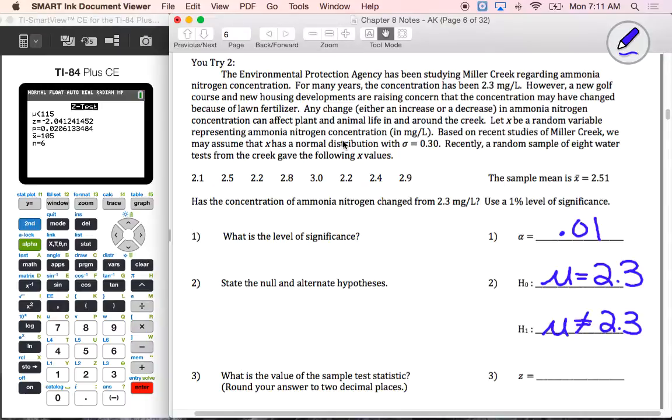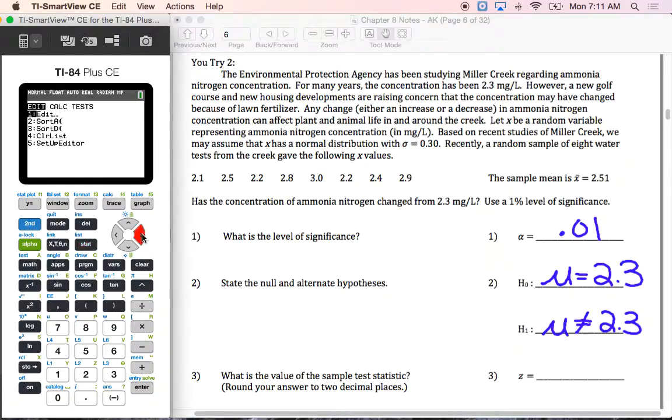Now that we have our information, we want to go and do our test. So we're going to hit the stat button, go over to test, and we want z-test. Okay, still keep it on stats. We're going to go down. Our null hypothesis is 2.3. Our sigma was 0.3.